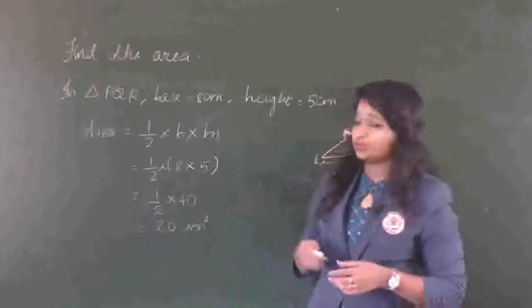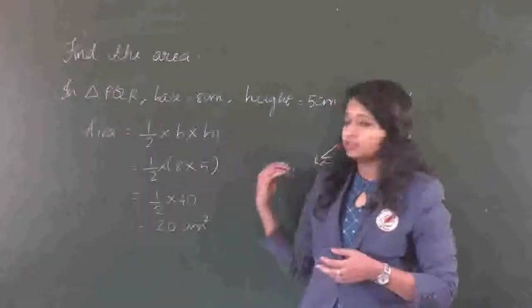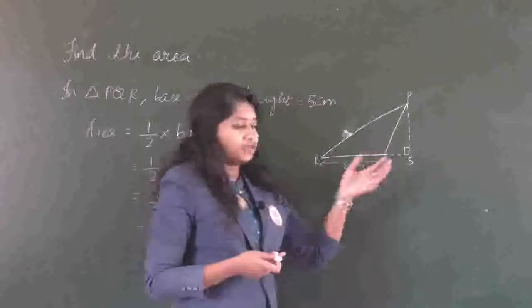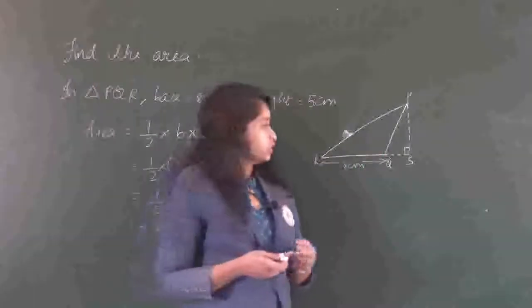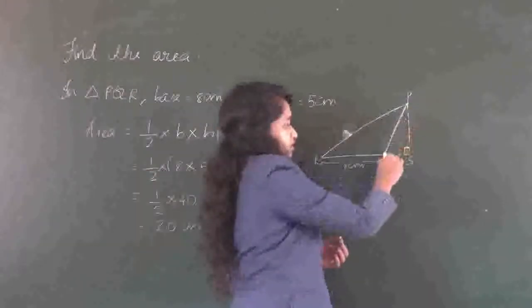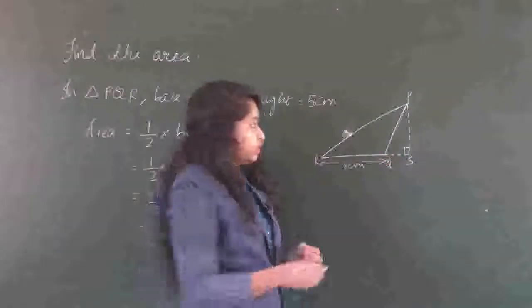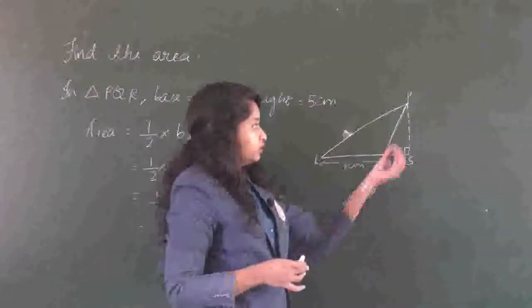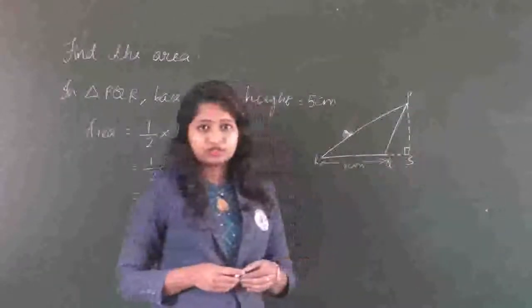Here I have a question, find the area of the triangle. Okay. So, the base and height is given. So, when you take the height, do not take this PQ. Okay. The height should be straight. So, draw a perpendicular towards the base.